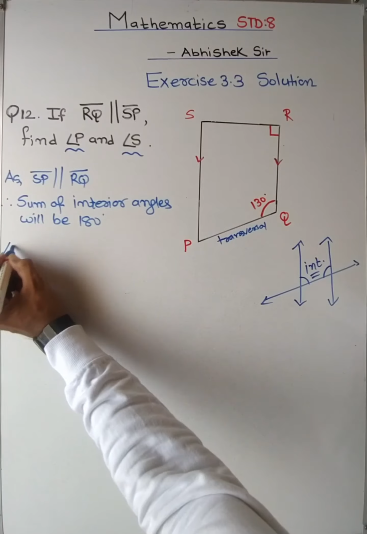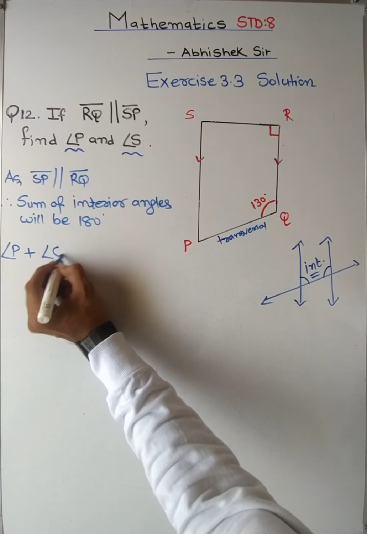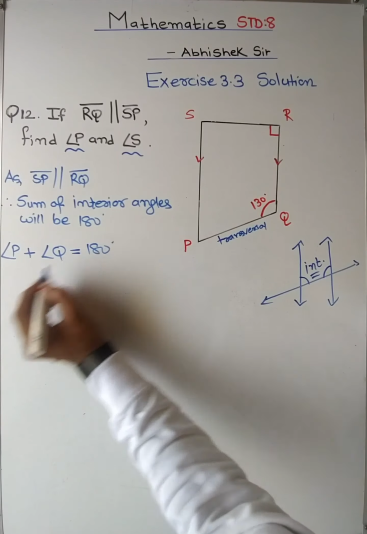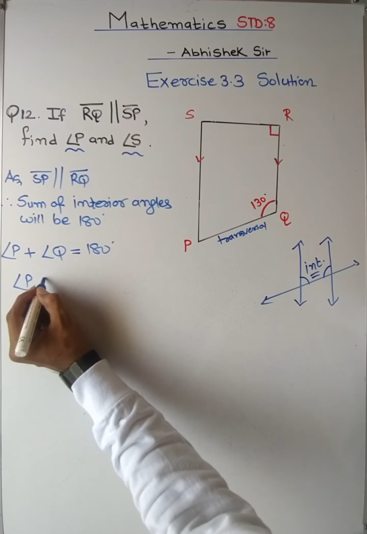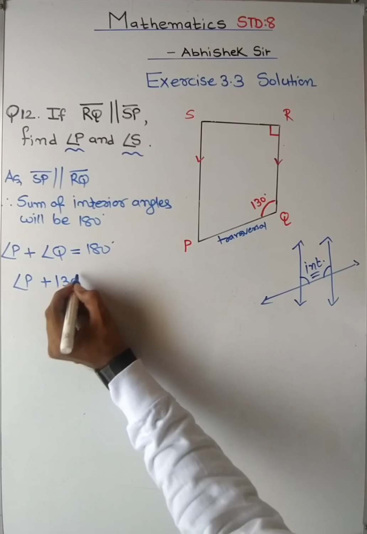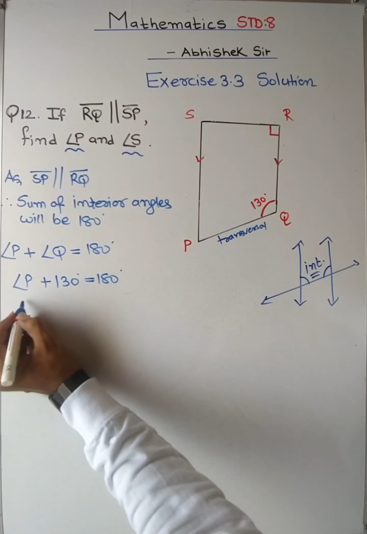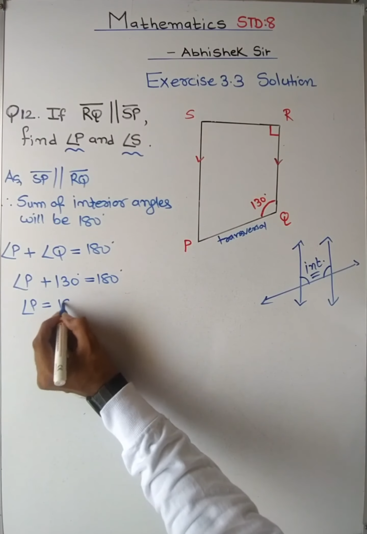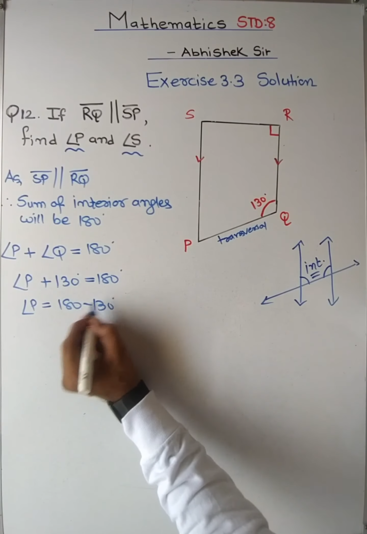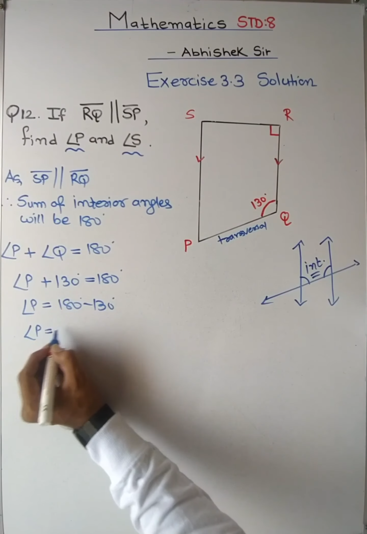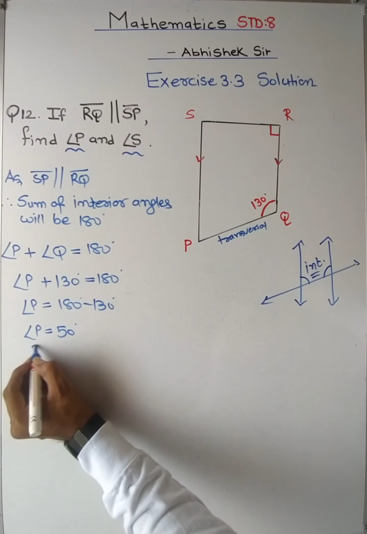That means angle P plus angle Q will be 180 degrees. We are finding P, and Q is given as 130 degrees. So angle P will be 180 minus 130 degrees. So angle P equals 50 degrees.